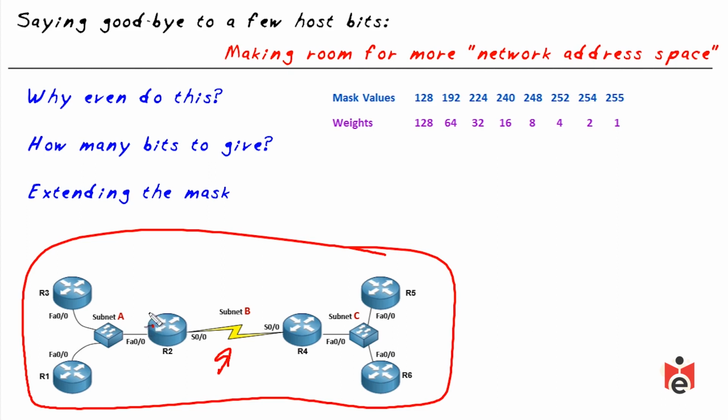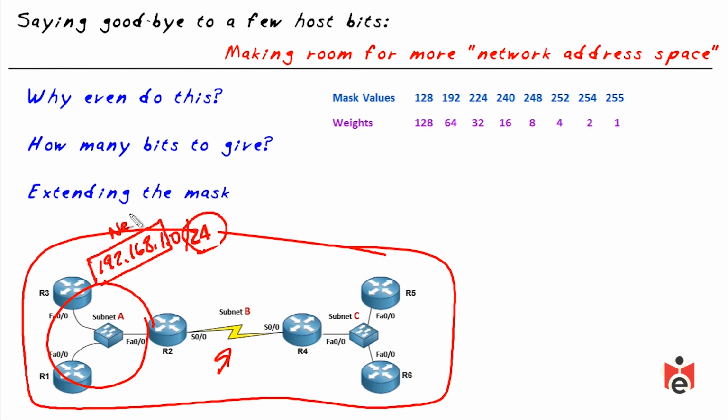So maybe over here on this network that is common to R3, R1, and R2, we use the network 192.168.1.0/24. Now if we analyze that, that means that the first 24 bits of this number, which is the first 3 octets, are the network, and this last octet is available for host addressing.